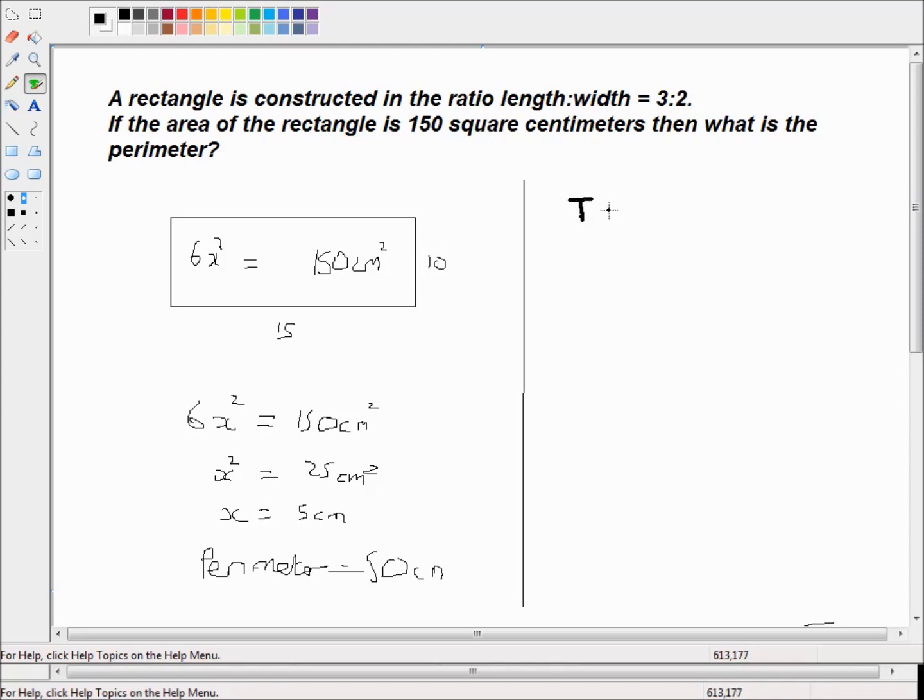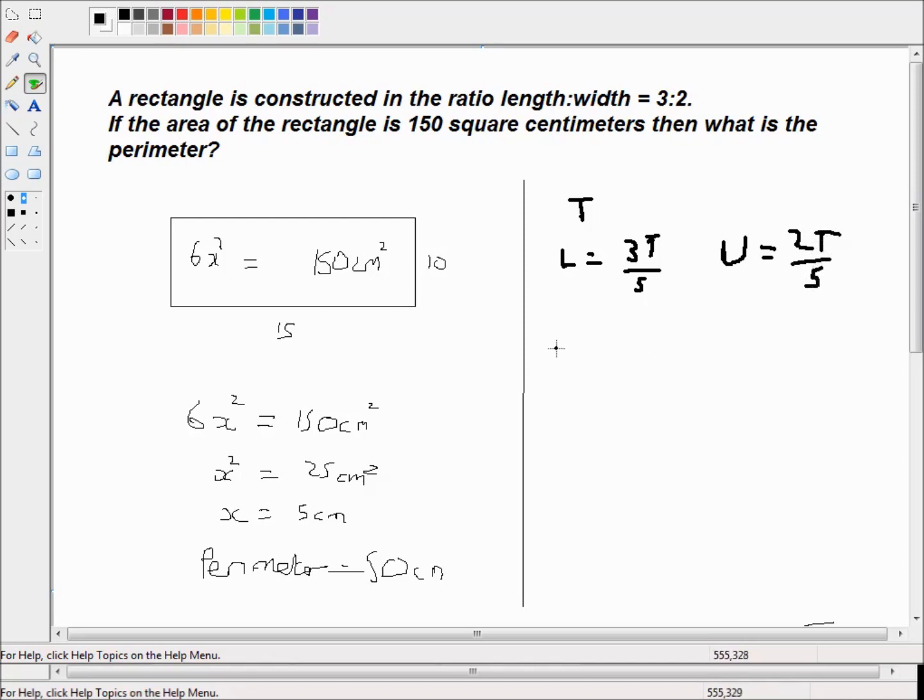And now I'm going to say that the length is equal to 3t over 5, or 3/5 of t. So we're adding the lengths and we're saying 3/5 of that is the length of the rectangle, and 2/5 is the width. So w is equal to 2t over 5.